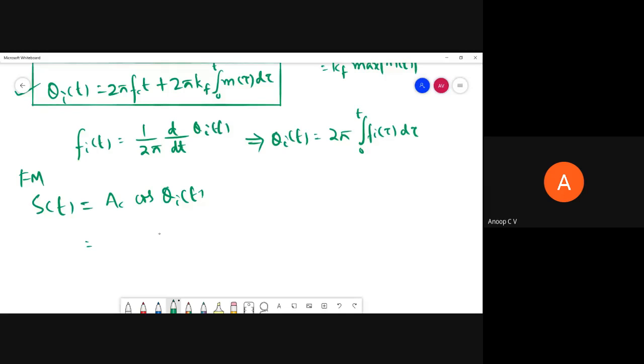So that is Ac cos of 2 pi fc t plus 2 pi kf into the integral from 0 to t of m of tau d tau. So this is an FM signal.